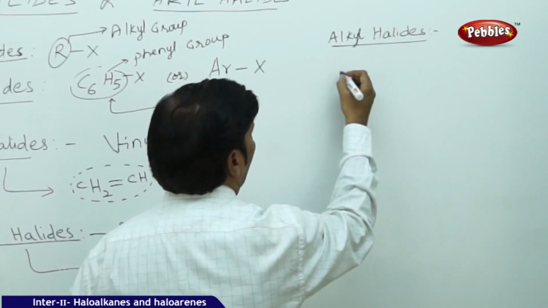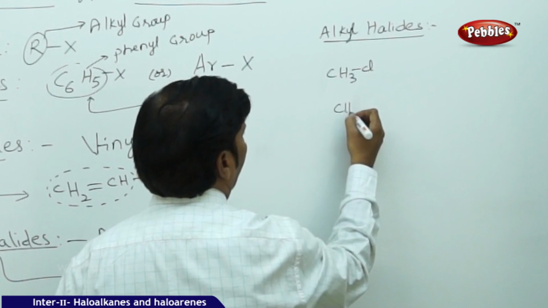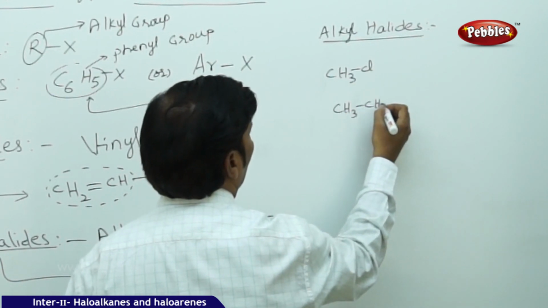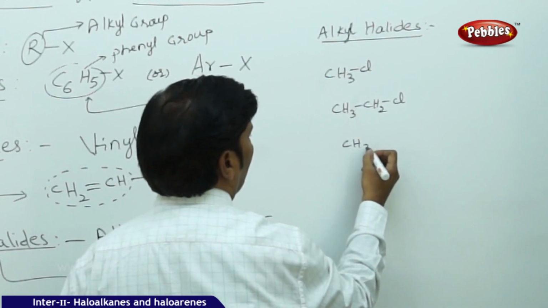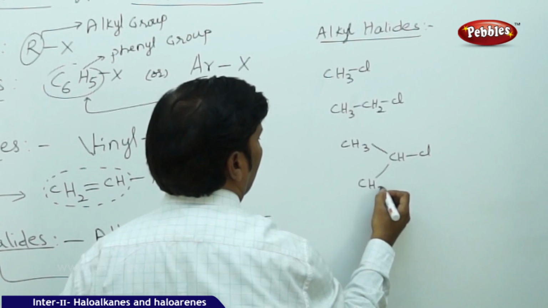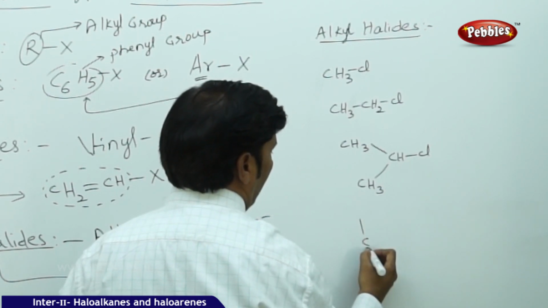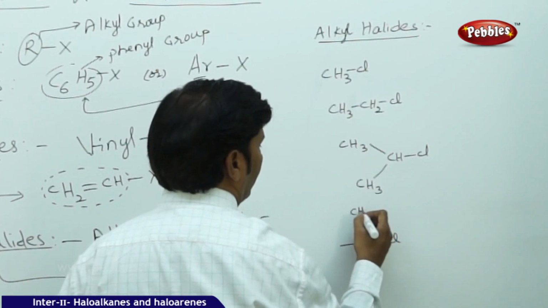The simplest alkyl halide is methyl chloride. You can take CH3CH2Cl. You can also take CH3-CHCl-CH3, with carbons satisfying the tetravalency.